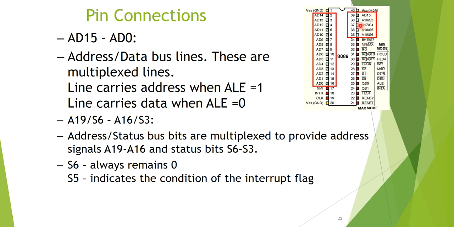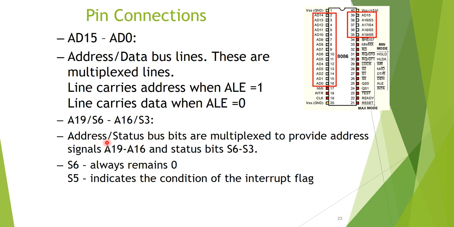Then A16 to A19 are also multiplexed with the status signals. So A16 is multiplexed with S3, A17 is multiplexed with S4, A18 is multiplexed with S5, and A19 is multiplexed with S6.